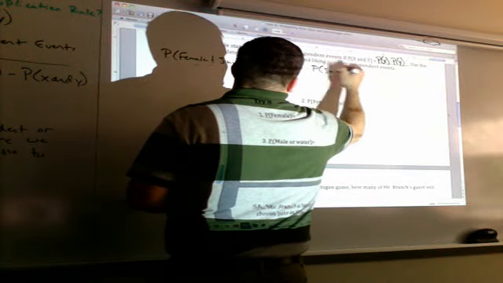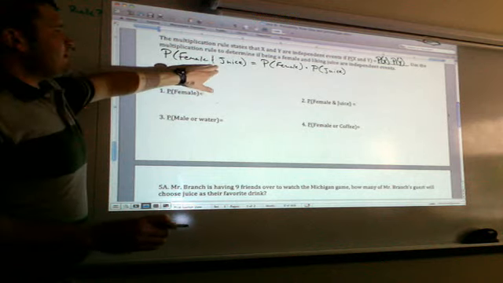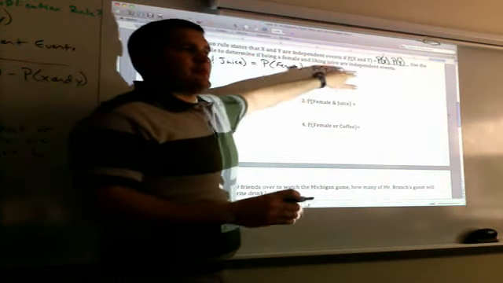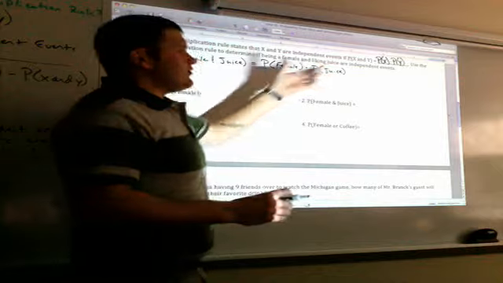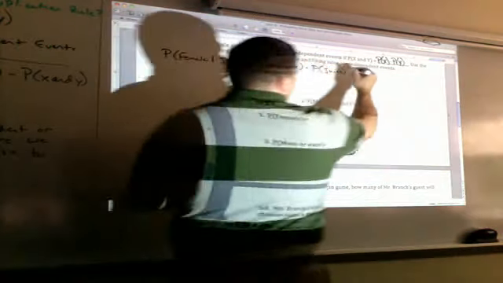Thank you, Callie. Now, if these events are independent, then the probability of being female and liking juice will equal the probability of being female times the probability of juice. Okay, if this is the case, then the events are independent.